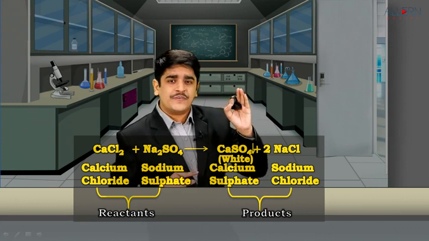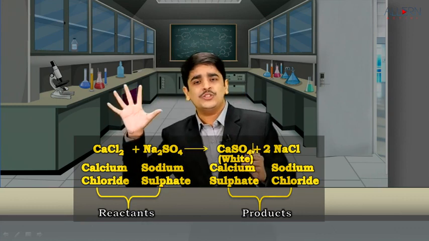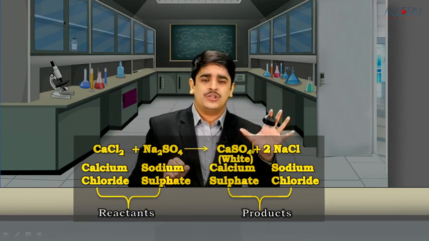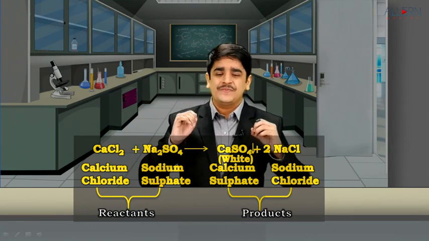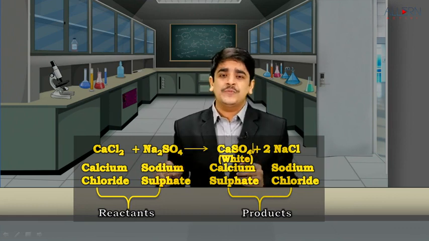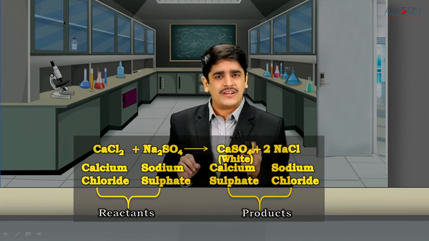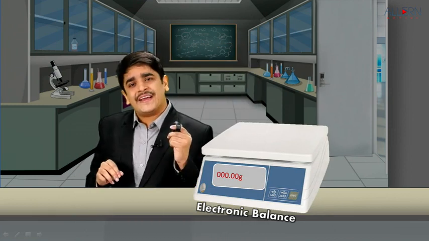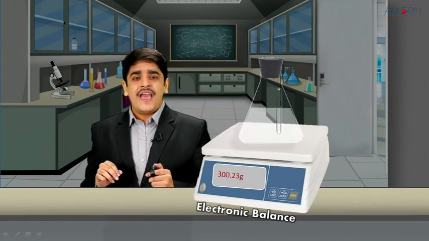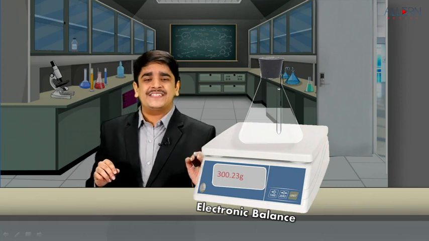For the law of conservation of matter to be valid, the total mass of reactants has to be equal to the total mass of products. Don't we already have the total mass of reactants? Yes, the total mass of reactants is 300.23 grams. That's something we've already done. So after the products are formed, I'll again place them onto the beam balance and again get exactly the same figure.